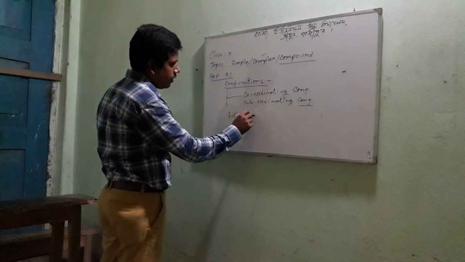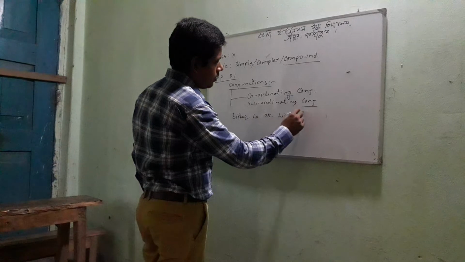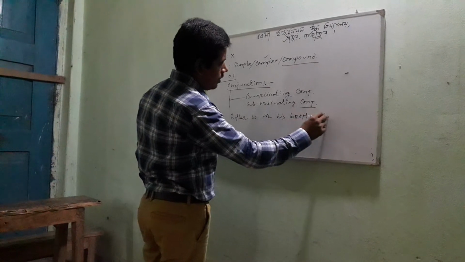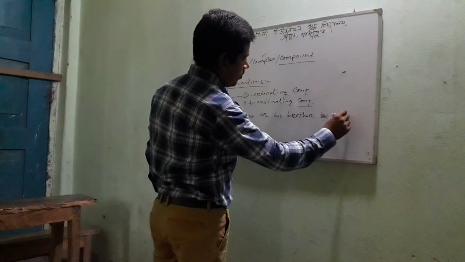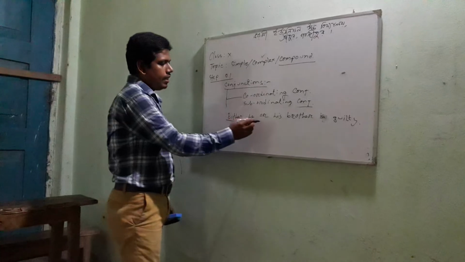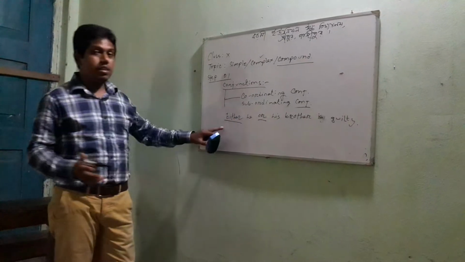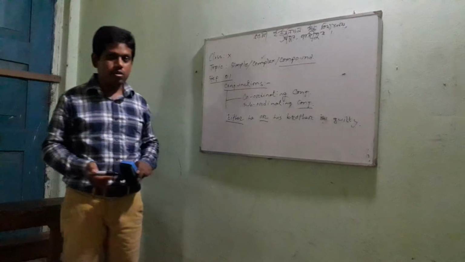Either he or his brother is guilty. Here "either" is related with "or". If we write down "either", then we will have to write down "or" also.